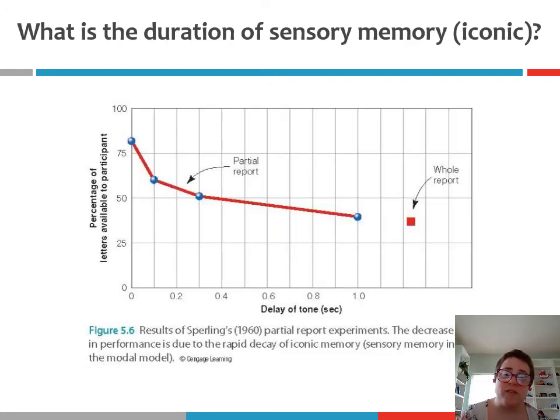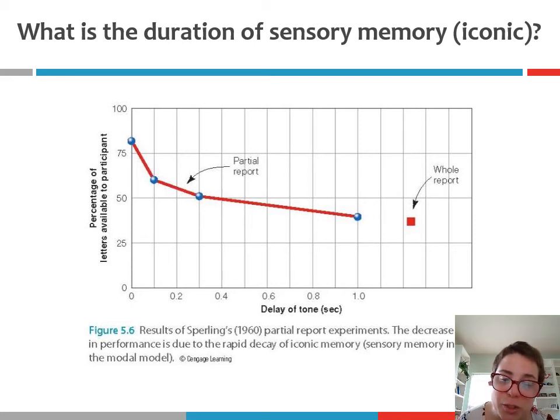Okay, so this is the data or the results of Sperling's experiment. And he found that with no delay of the tone, they were able to report about 78% of what they were asked.